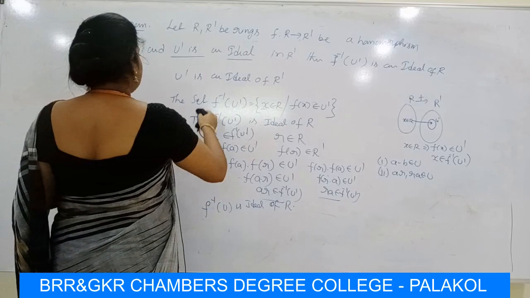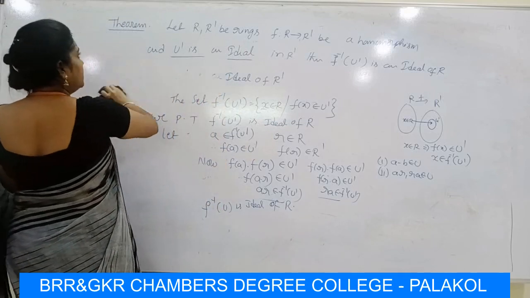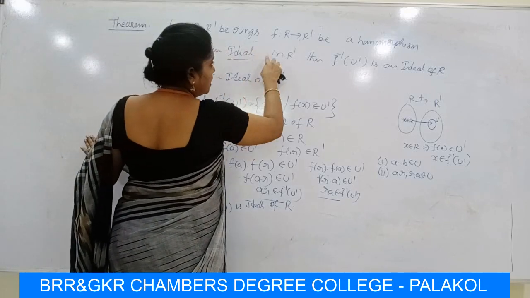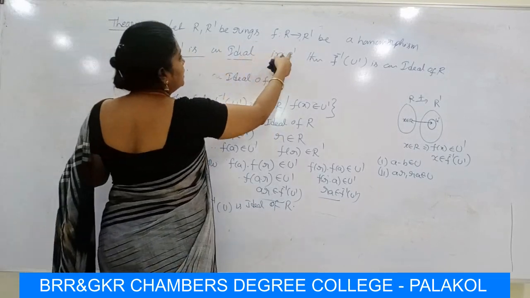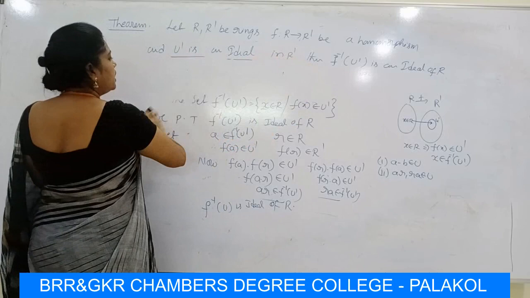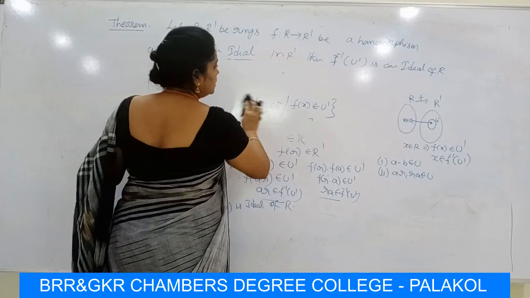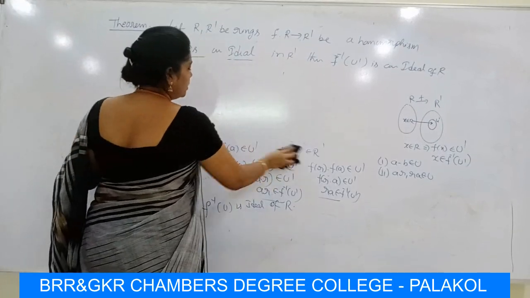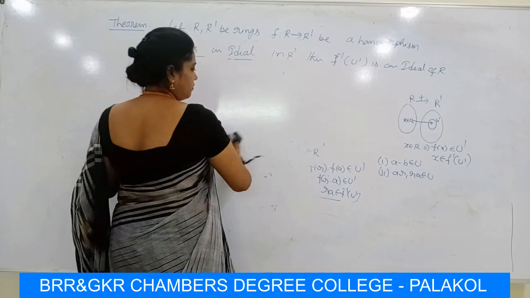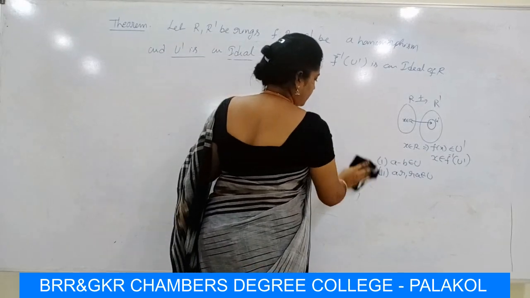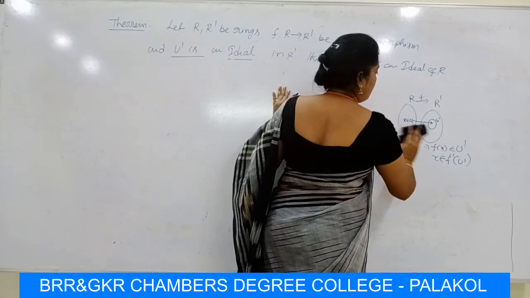Next, the next theorem is also similar to this theorem, because here U dash is an ideal in R dash. Here we take U is an ideal in R, then we prove that F of U is an ideal of R dash. Next theorem.